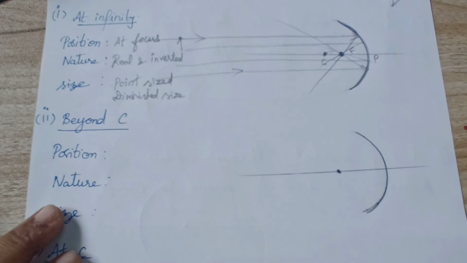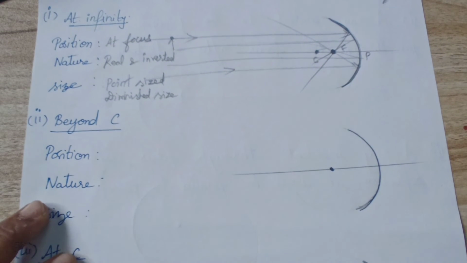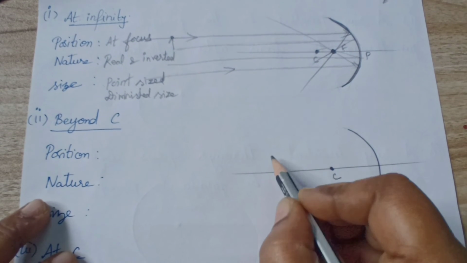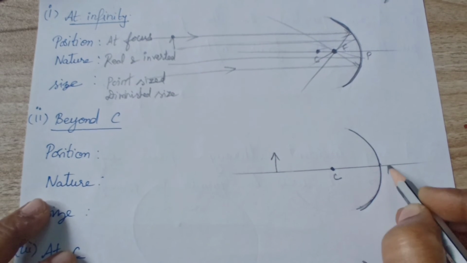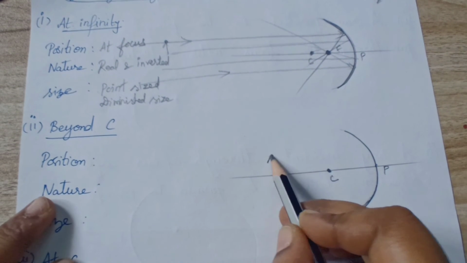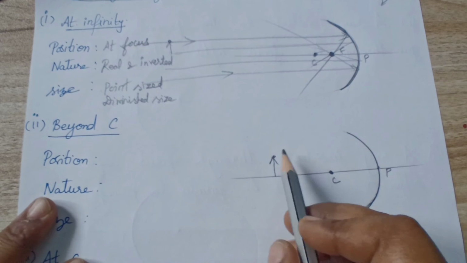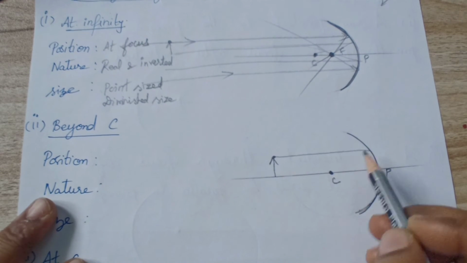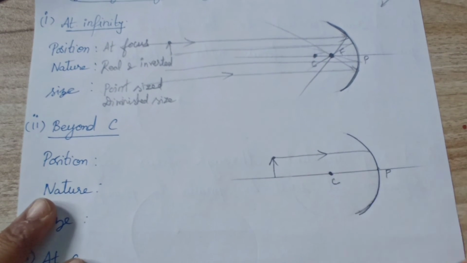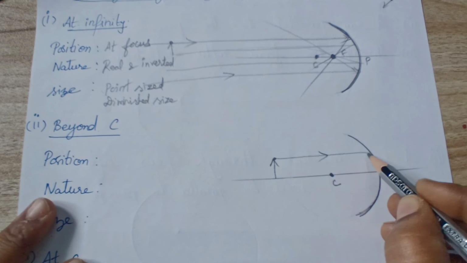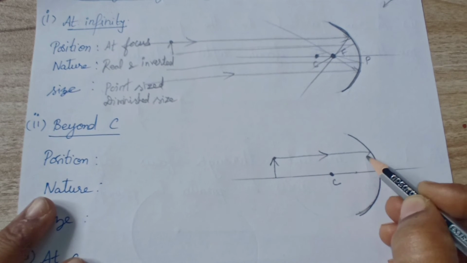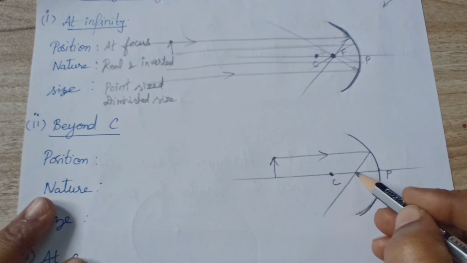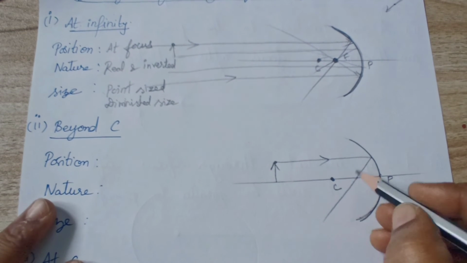Okay. Next one. When the object is beyond C, this is C, and this is your pole. We'll take one ray which is parallel to the principal axis. Definitely, if it is parallel to the principal axis, it will be reflected back through the focus point.